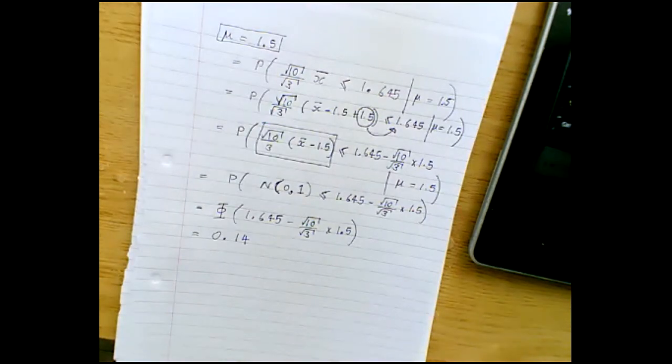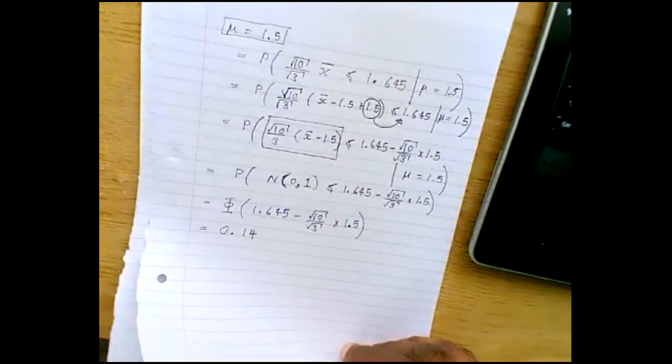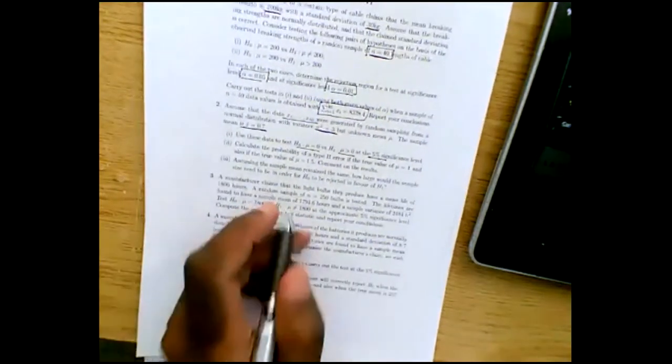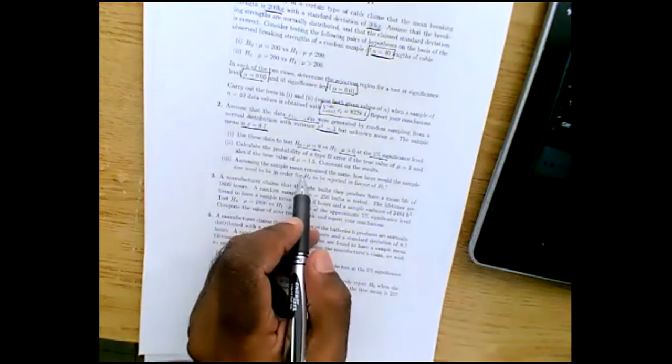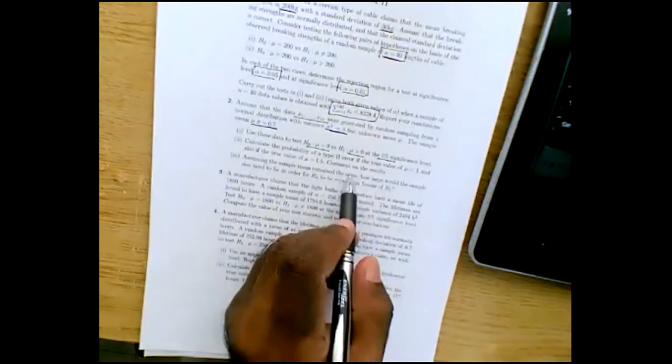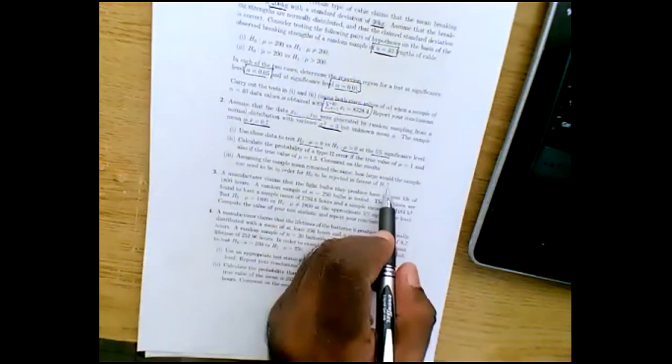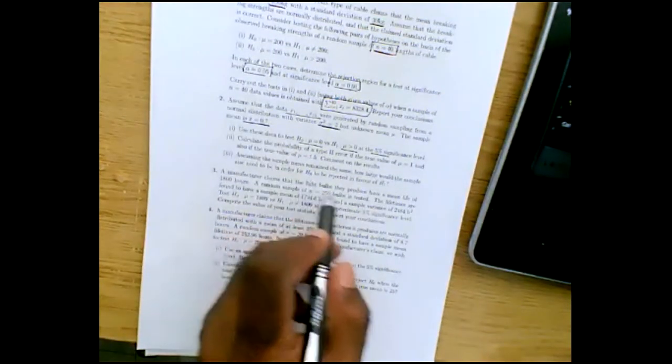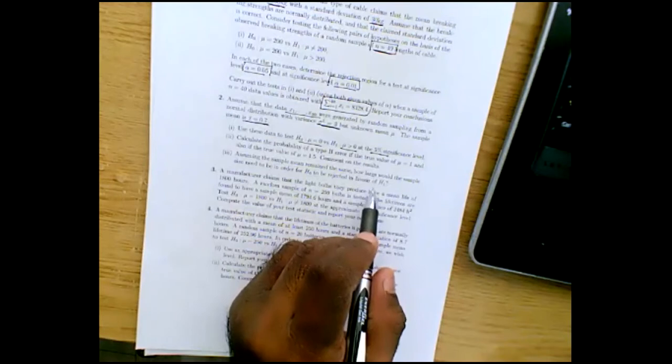Okay, now let's go to part 3. We've done the first 2 parts of question number 2. Part 3 of question 2 says the following: assuming the sample mean remains the same, how large would the sample size need to be in order for H0 to be rejected in favor of H1?